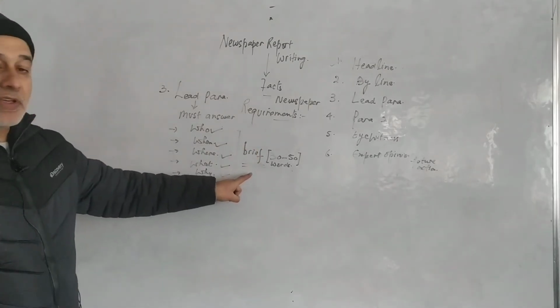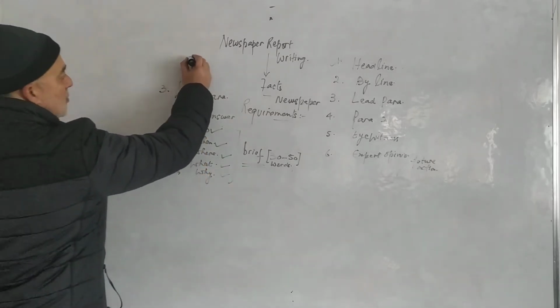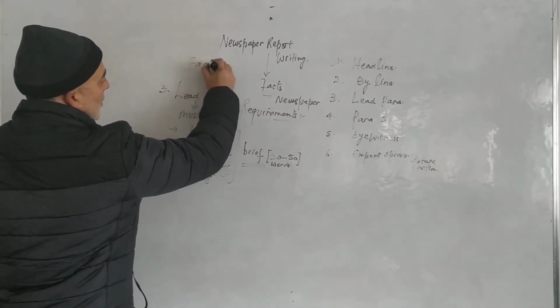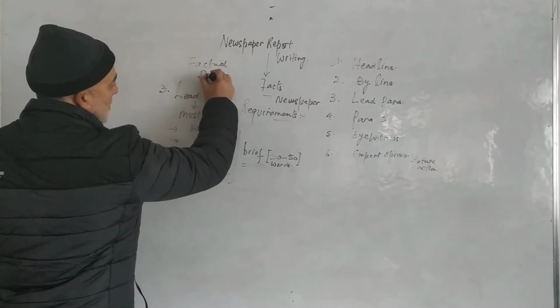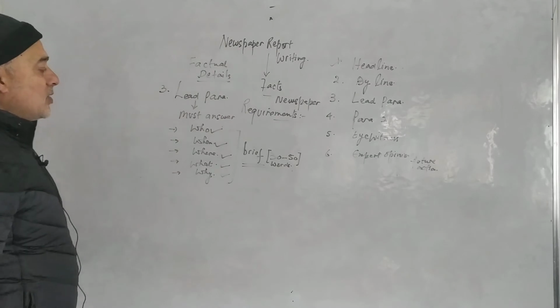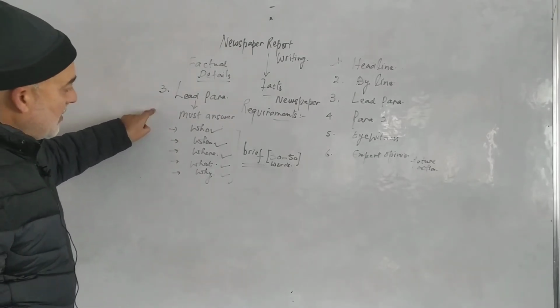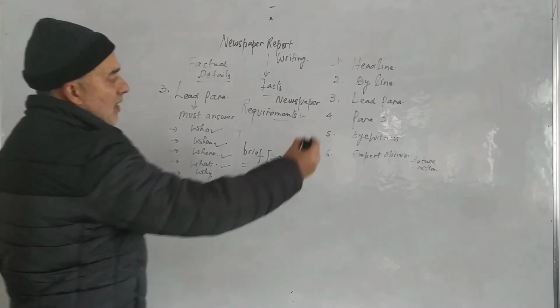There is no need of giving descriptions. But remember, we have to write factual details of the incident or accident, whatever the case may be. So this is our lead paragraph.